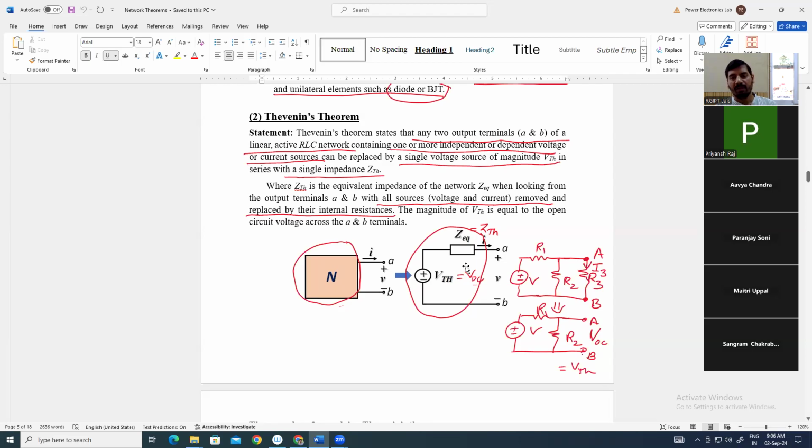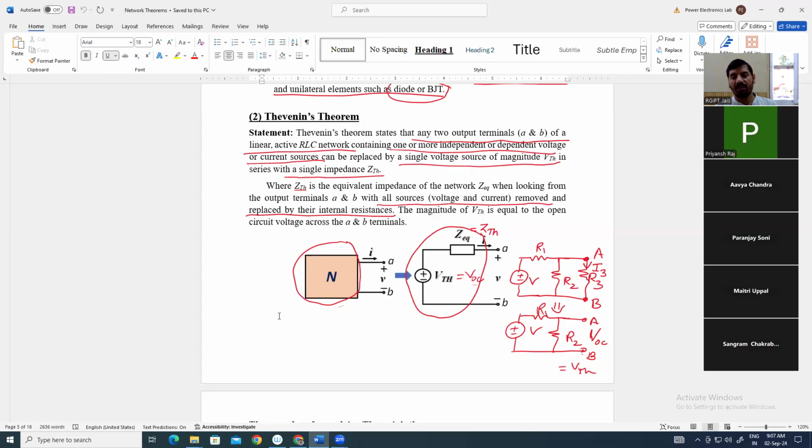And there is a procedure to evaluate this Thevenin impedance. To evaluate Thevenin impedance, firstly, we will evaluate across these two terminals only. So what we will do, we will eliminate all independent sources. It means the independent voltage sources and current sources are there. You know that independent sources will be replaced by their internal resistance, and for a voltage source internal resistance is 0.